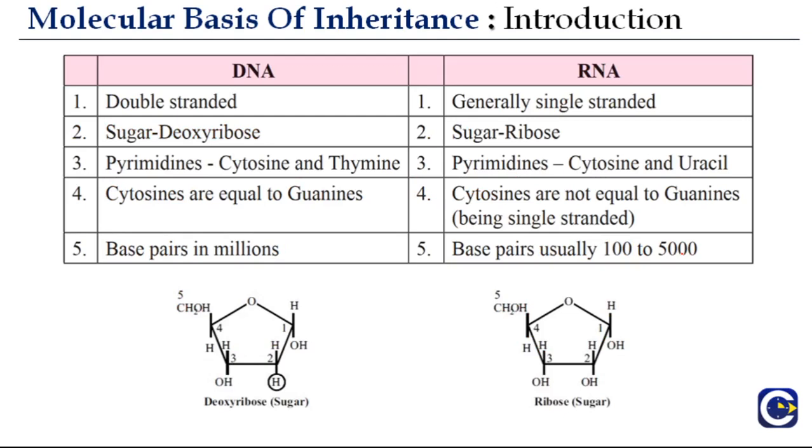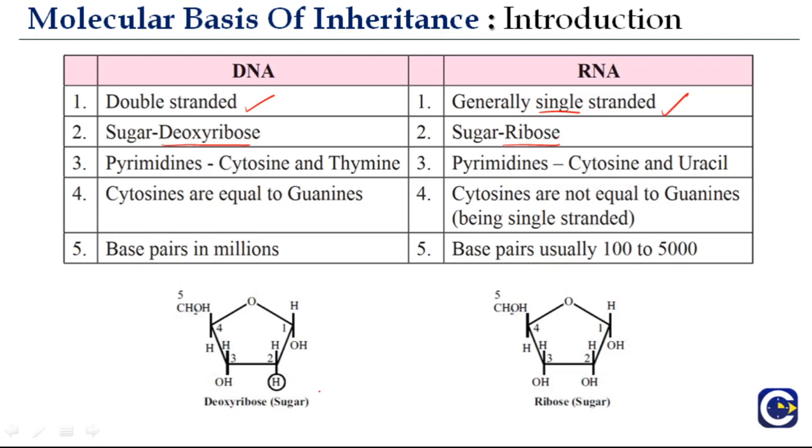So next is the difference between DNA and RNA. DNA, as we mostly already know, is double-stranded, and RNA is generally single-stranded. Sometimes in exceptional cases it can be double-stranded, but generally it is single-stranded. The sugar in DNA is deoxyribose and in RNA the sugar is ribose.